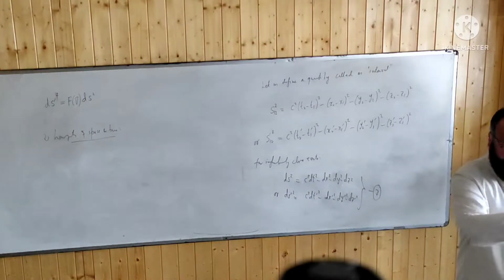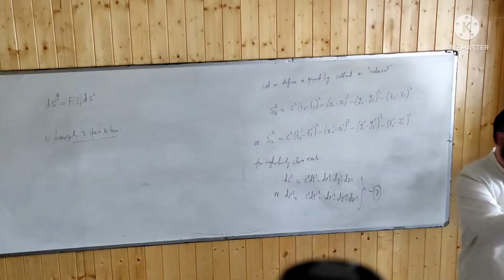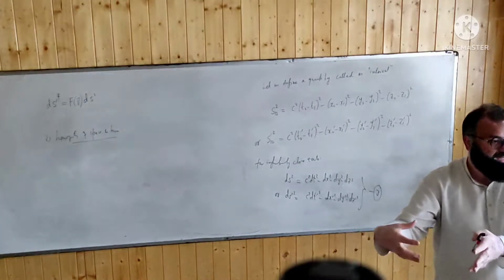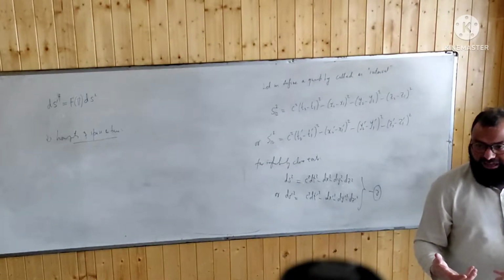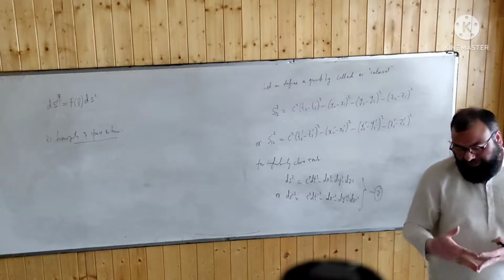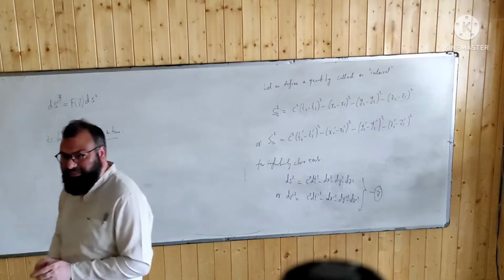All the space points are the same. Similarly, at time points, all space and time points are identical, so I cannot distinguish between any space-time points. That is what we call the homogeneity of space and time.